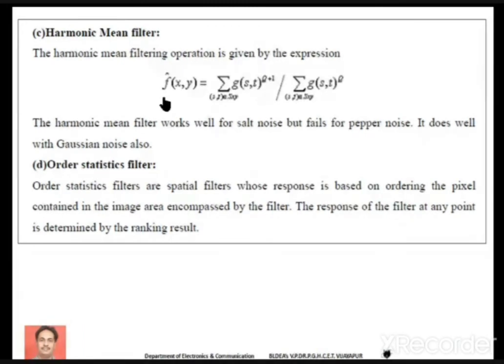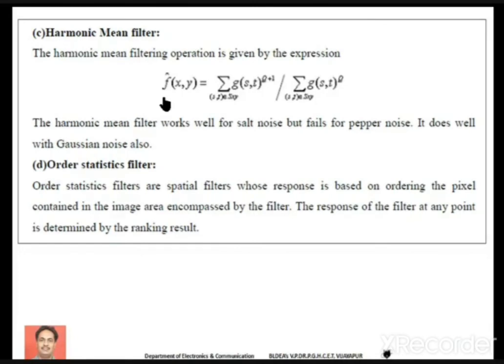Order statistic filters mean the response is based on the ordering of the pixels we consider while filtering. So the response of the filtering depends on the ordered pixels.